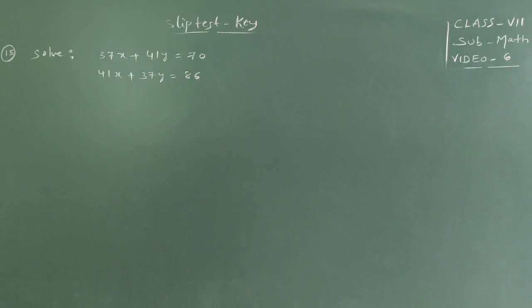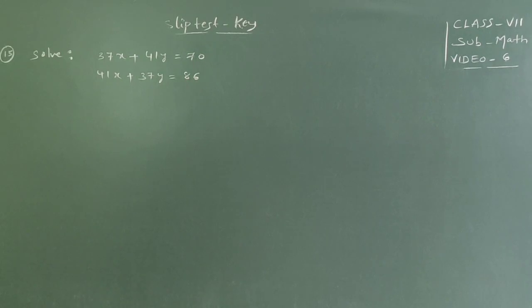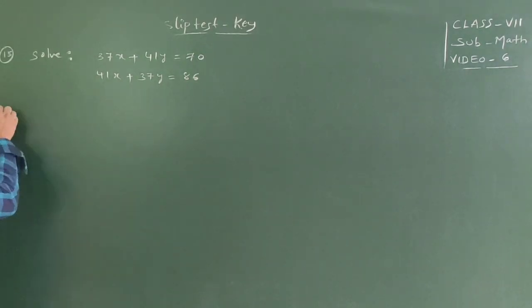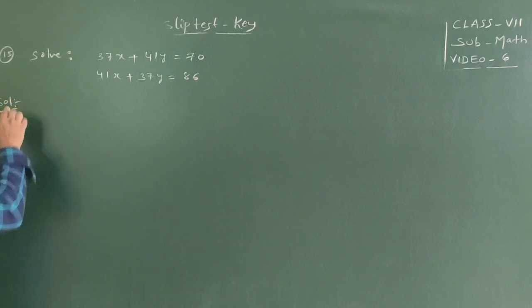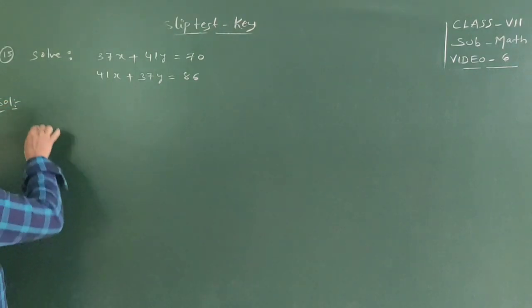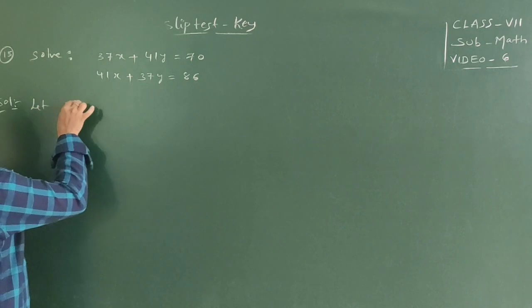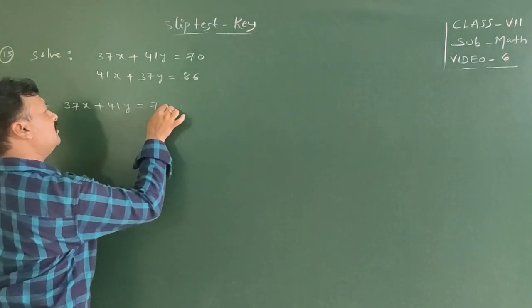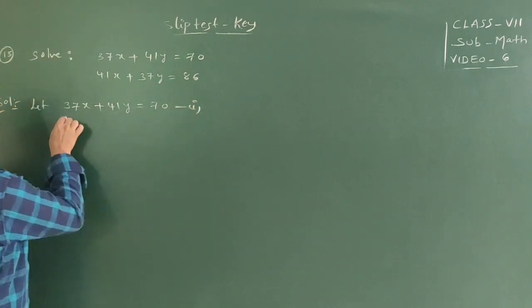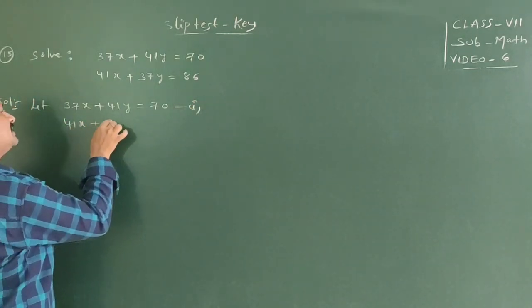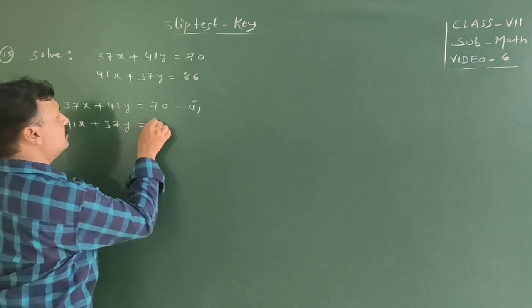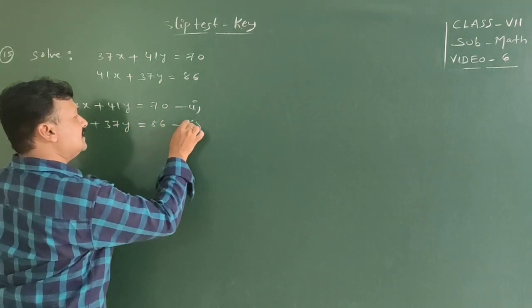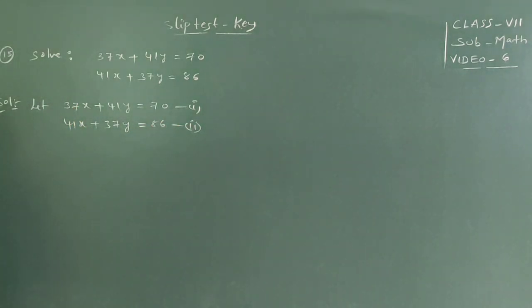But here the last problem is 37x plus 41y equal to 70, 41x plus 37y equal to 86. Let 37x plus 41y equal to 70 be the first equation, 41x plus 37y equal to 86 be the second equation.